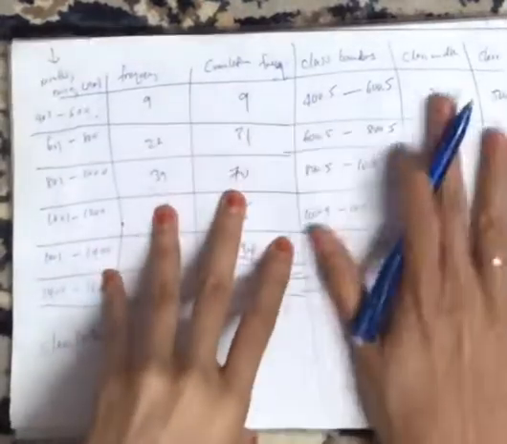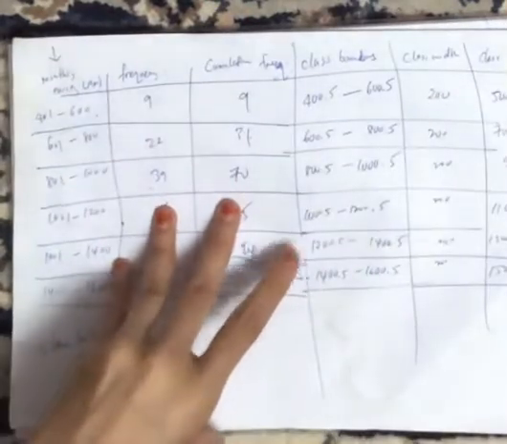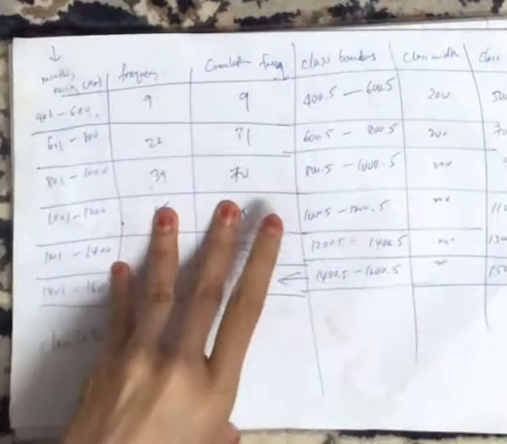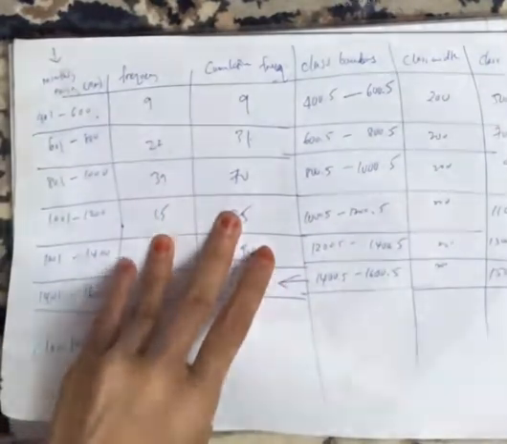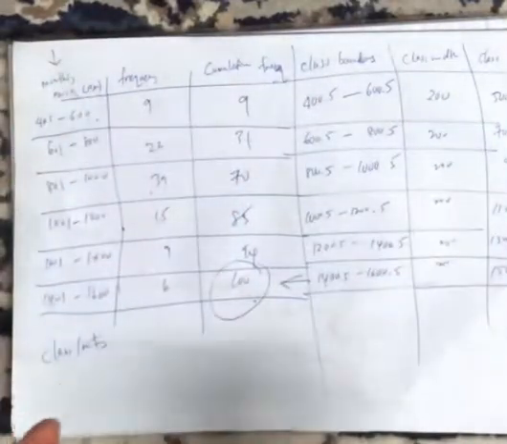So you need to have all these to draw the histogram, for example. So this is just an introduction, to give you an idea how to build your table before you transform it become histogram.